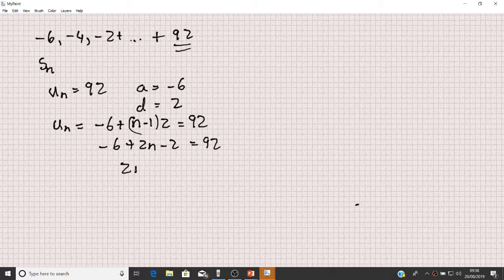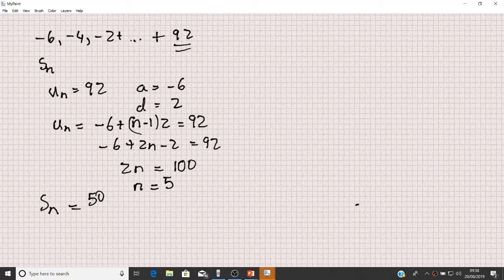So we'll have 2n on the left equals 92 plus 8, which is 100. N equals 50. So we need to find the sum of the series Sn when n is 50.